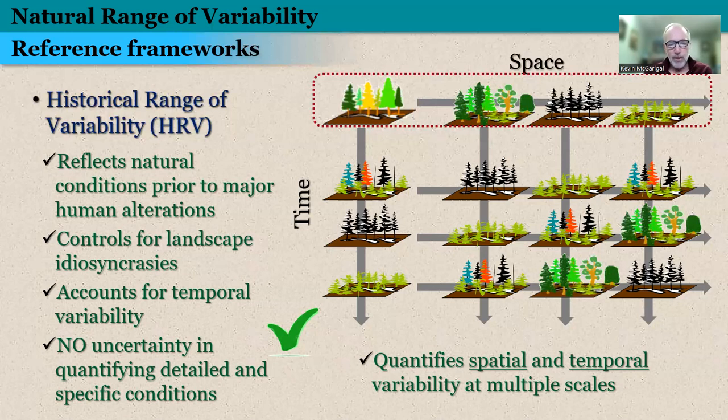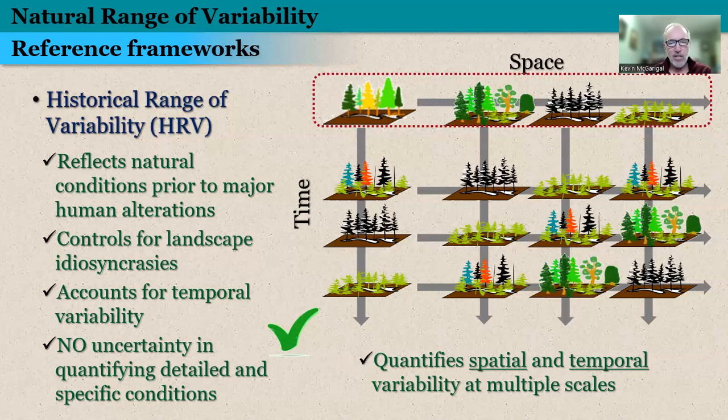Very importantly, this approach controls for landscape idiosyncrasies. Each site or each landscape at whatever scale is compared to itself over time. So there's no necessary comparison across sites where we're comparing sites that ultimately differ in their underlying geophysical characteristics.